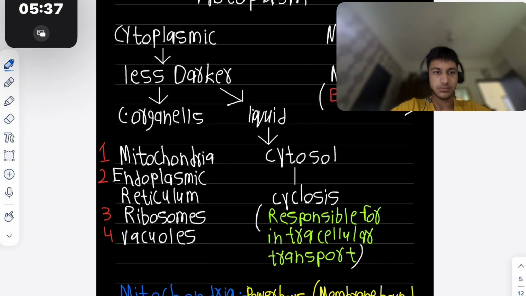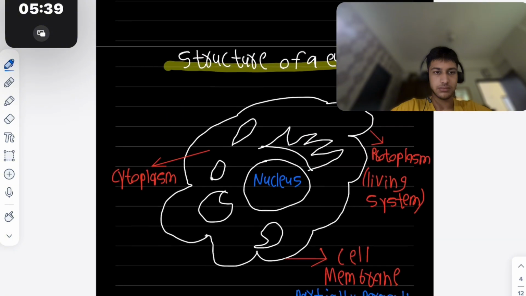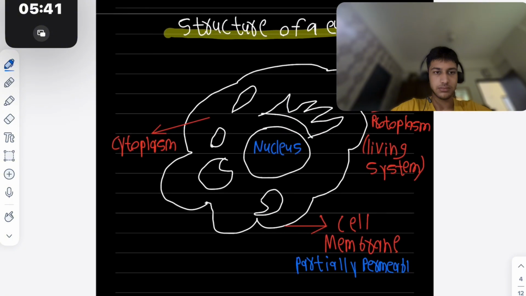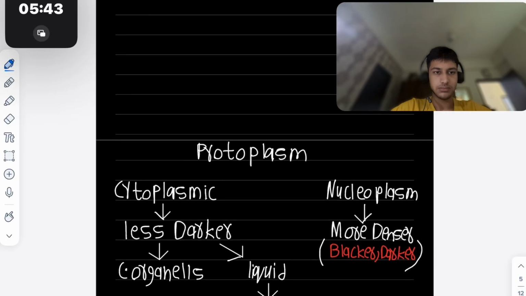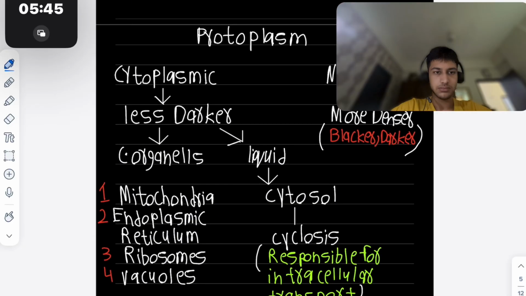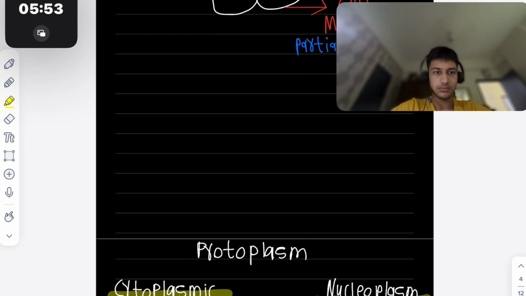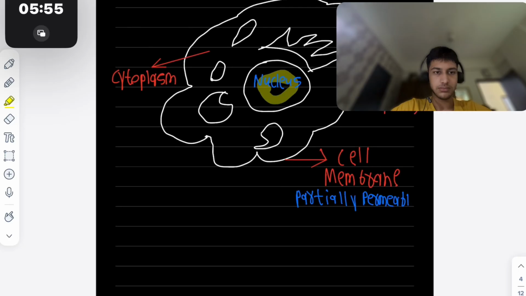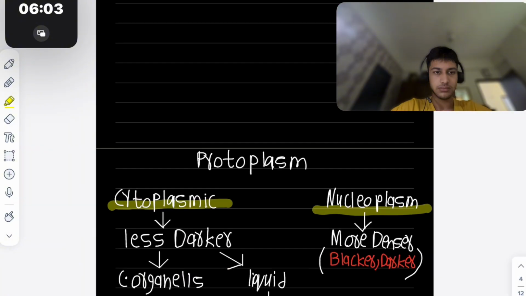Now we have the protoplasm. Here this is the protoplasm, the living system. Alright, so the protoplasm is divided into two parts. First is the cytoplasmic organelles, then we have the nucleoplasm. This part is the nucleoplasm.